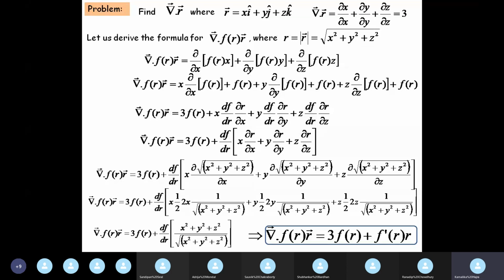If the marks given is 3 or rather 4 or 5, then you derive the formula and then use it to get the answer. I've not made a slide, but I'll just give you a function and you can quickly write down the answer and tell me. Find out the divergence of log r vector. Divergence of log r vector. Can you quickly do it and tell me?